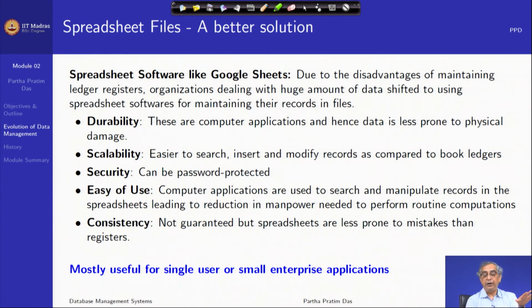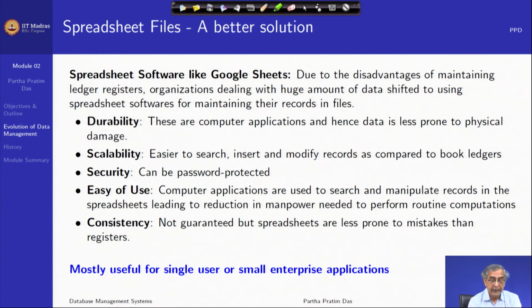You have paid applications like Excel, or you can use Google Sheets, which is free, and these also have different issues. But they are less prone to durability issues of damage, because you can keep a Google Sheet in the Google Cloud, which has a lot of back-end infrastructure to make sure that it does not get lost.